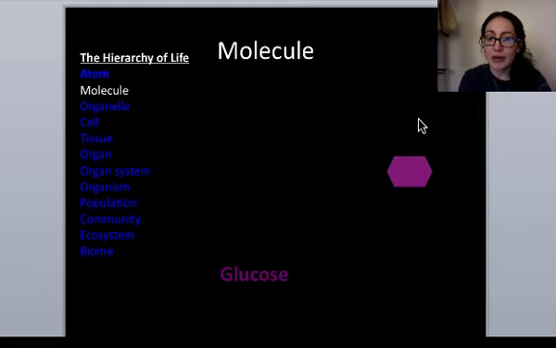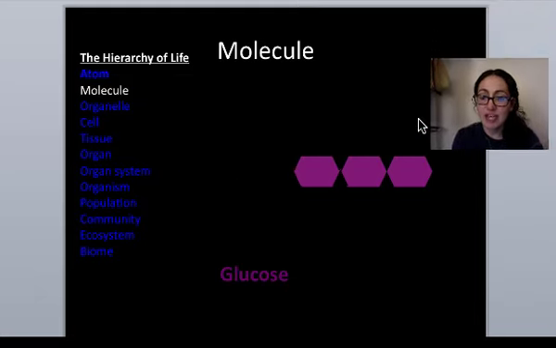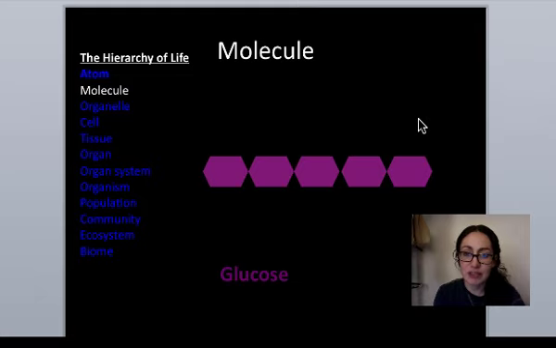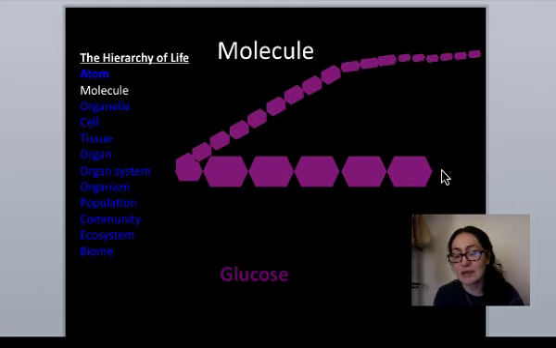And so what I'll have is a chain of these glucose molecules. Imagine this chain of glucose molecules was so large that it weaved all the way in the back and went off the screen, because there are just so many glucose molecules. These glucose molecules are bound together by a particular bond, and they form this really long chain.